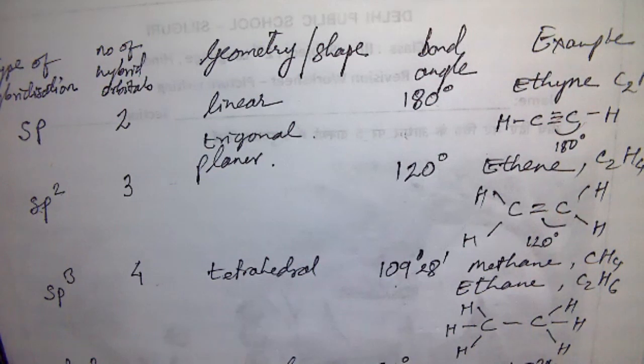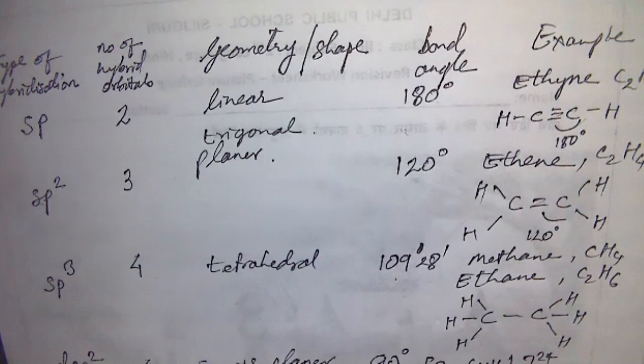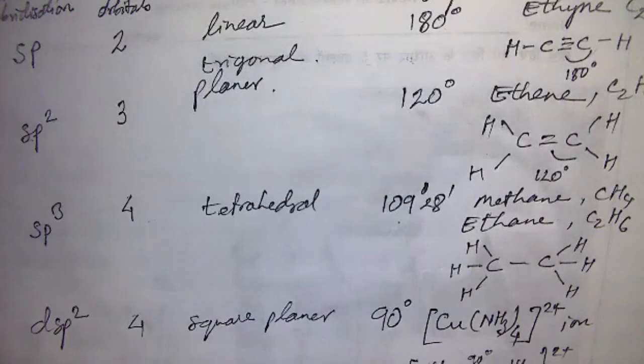It is trigonal planar. The angle is 120 degrees, and example is ethene. Clear? The structures I've already shown you. You should know it. Then we have sp3. sp3 is tetrahedral, 109.5 degrees. The bond angle, tetrahedral structure, methane and ethane are examples.